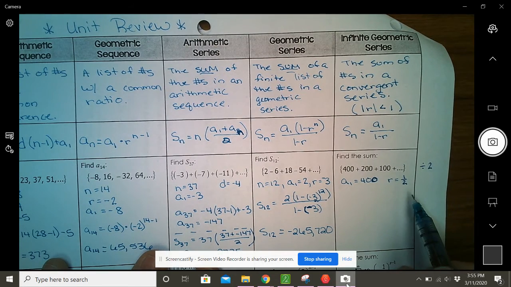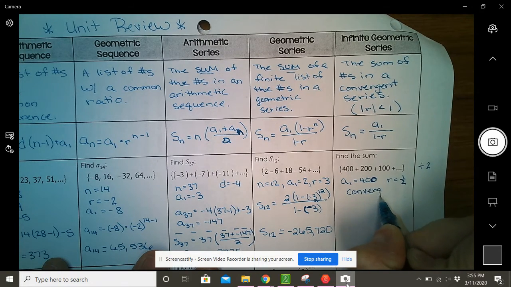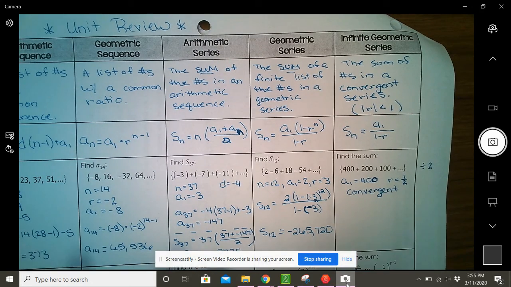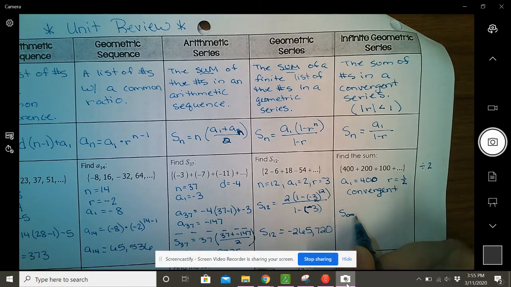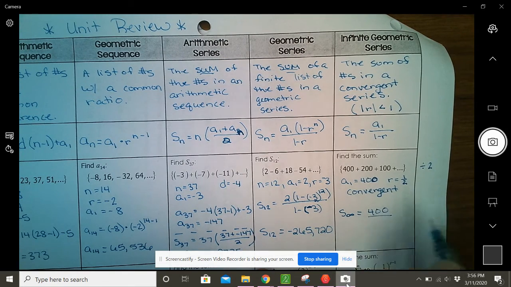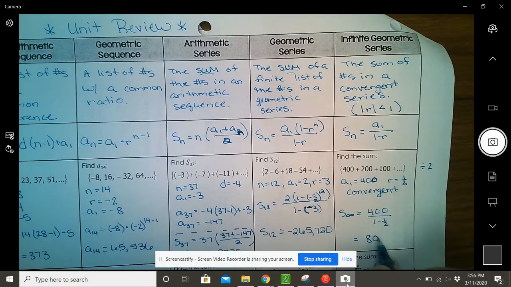So this is convergent. So we would keep going. We can find the sum. So the sum of this infinite series would be 400, your initial term, over 1 minus 1/2. You're going to get a final answer of 800.